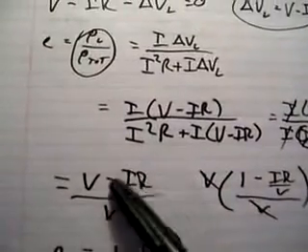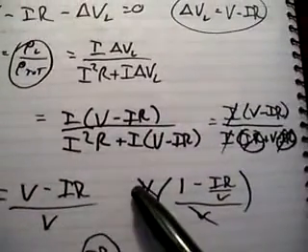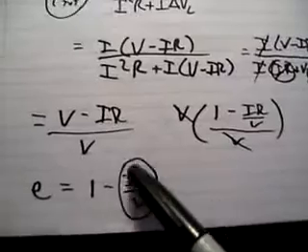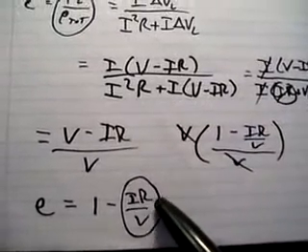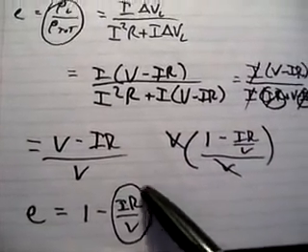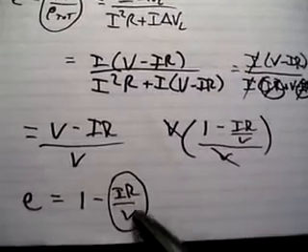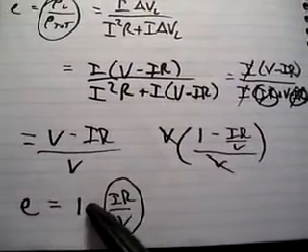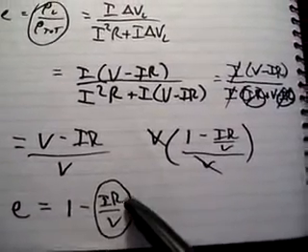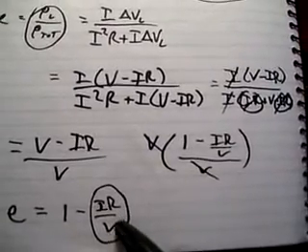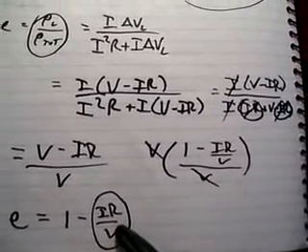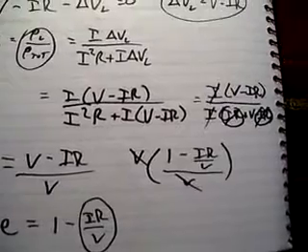I ended up coming to V minus IR over V, factored out that V, and you get 1 minus IR over V for the efficiency. So obviously we want this term here to be as close to 0 as possible so that just 1 is left over. And this gets closer to 0 as V gets larger, approaches infinity. So that's the answer to that problem.